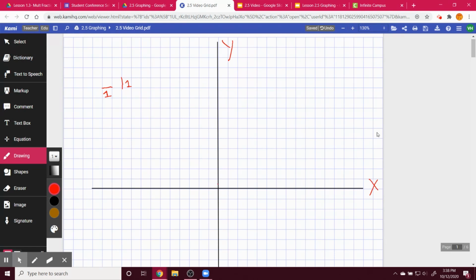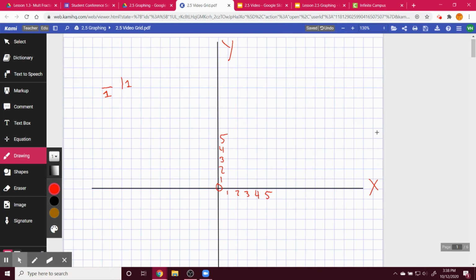So if we have our origin here, which as we mentioned is going to be 0, we can make this 1, 2, 3, 4, 5, and we could keep going. I'm just going to go up to 5 here. Going up on the y-axis, this is going to be 1, 2, 3, 4, 5, and again we could keep going up if we wanted to.